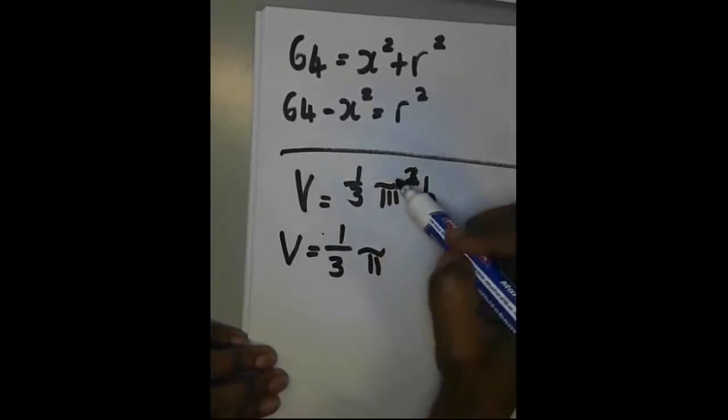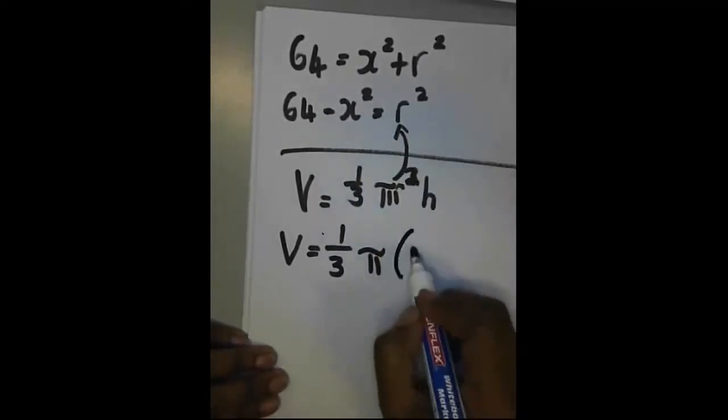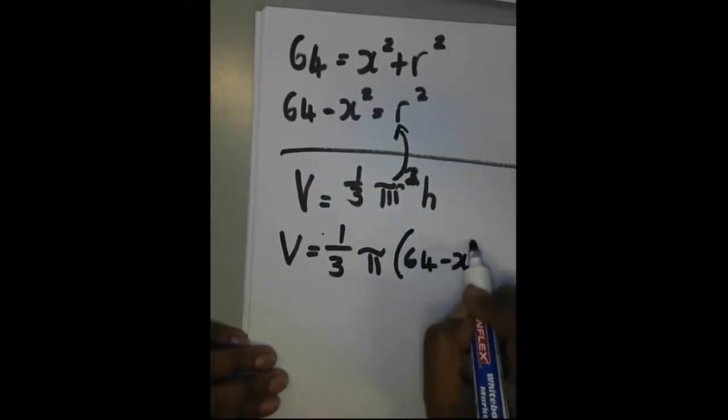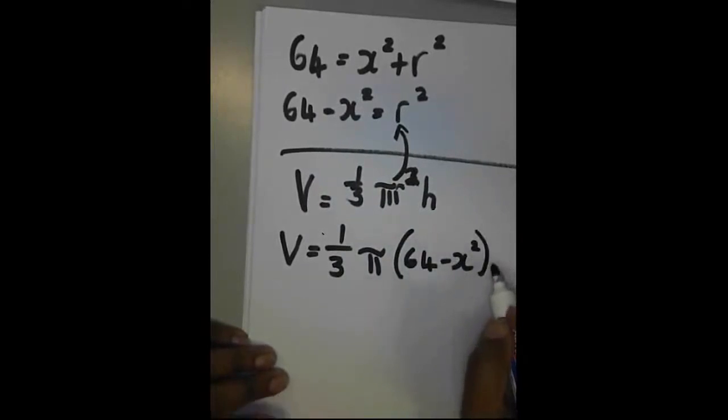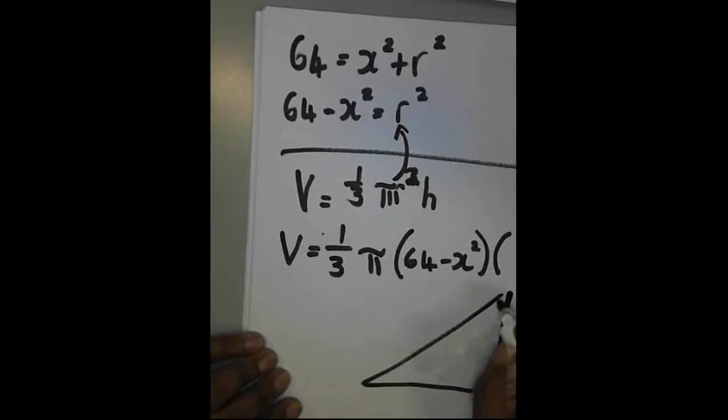I can just go back and substitute that: 64 minus x squared, times the height. Now, what's the height of this cone? If I look at my cone very carefully, this is what my cone looked like. My whole cone: from there it was O, this was 8, this was x, this was B, this was r.